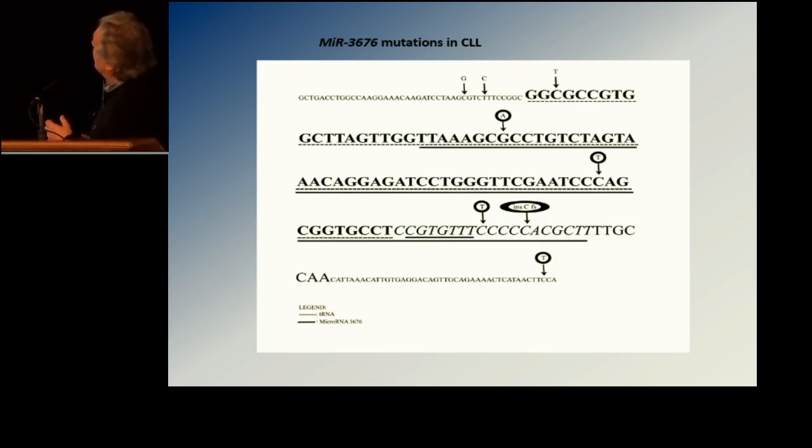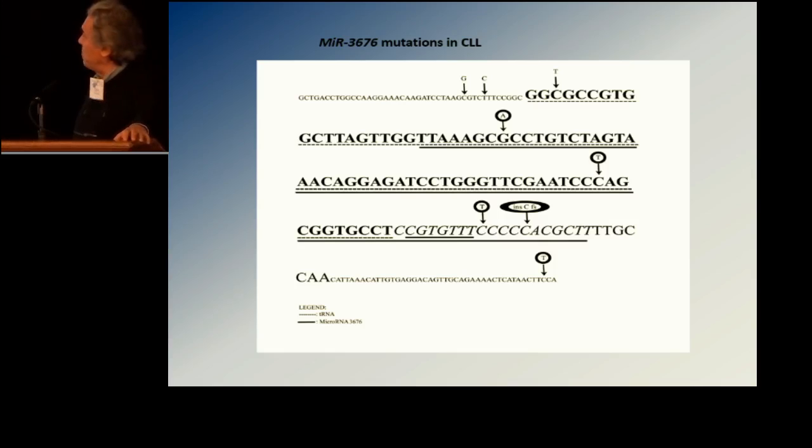So finally, we looked at the mutation of this microRNA by sequencing. And we have sequenced about 550 CLL, and we found 5 mutants. Okay? And all these 5 mutants were germline mutants.